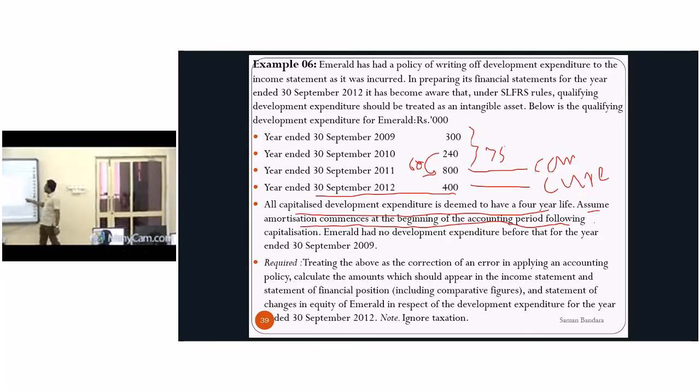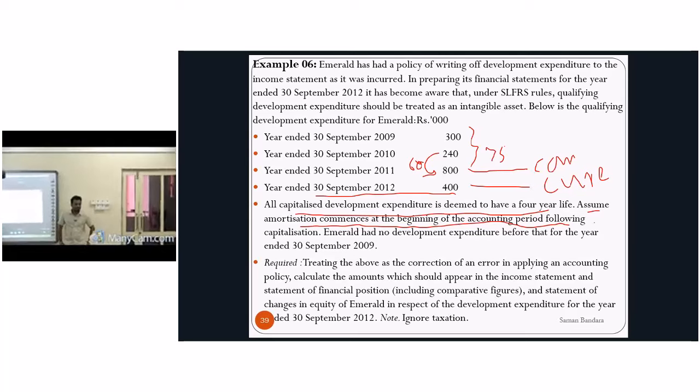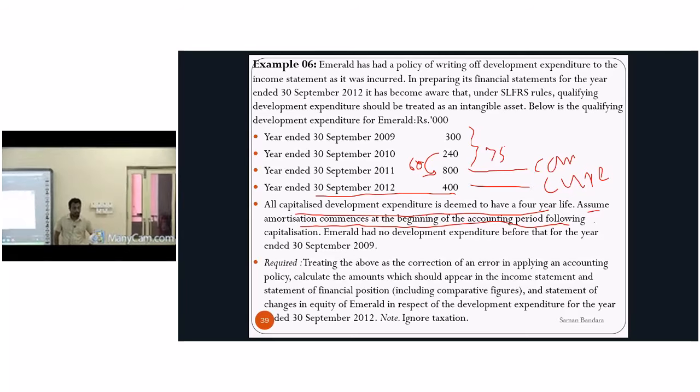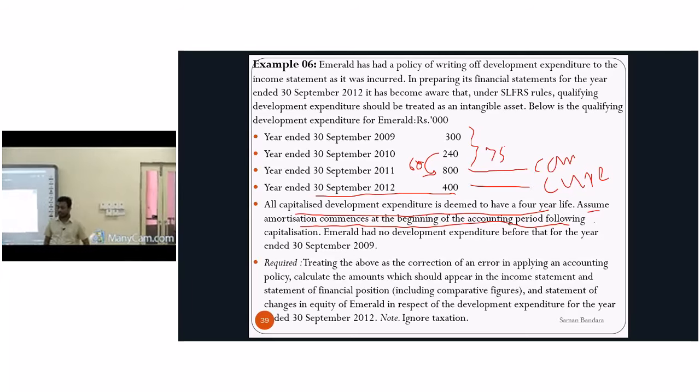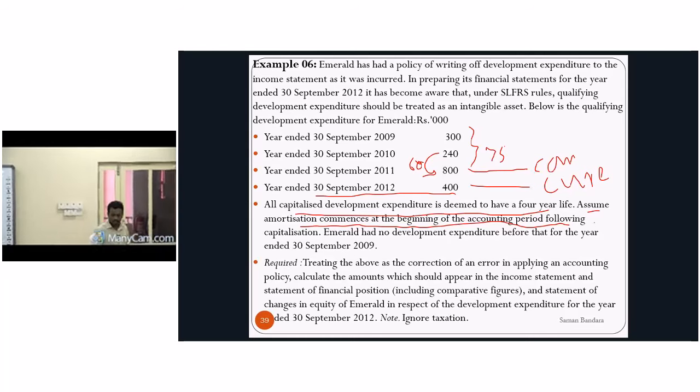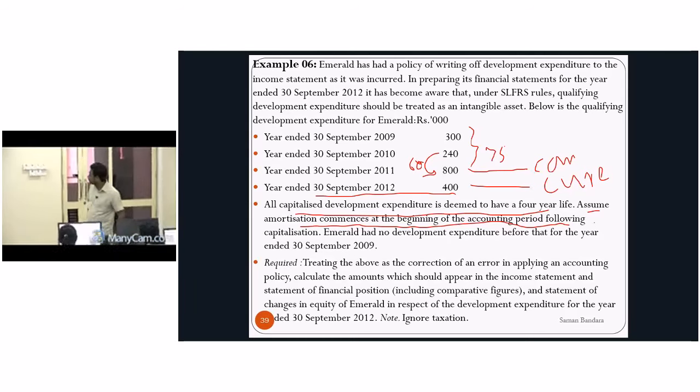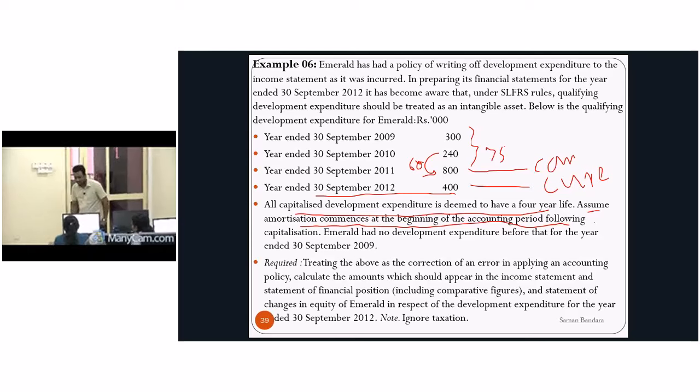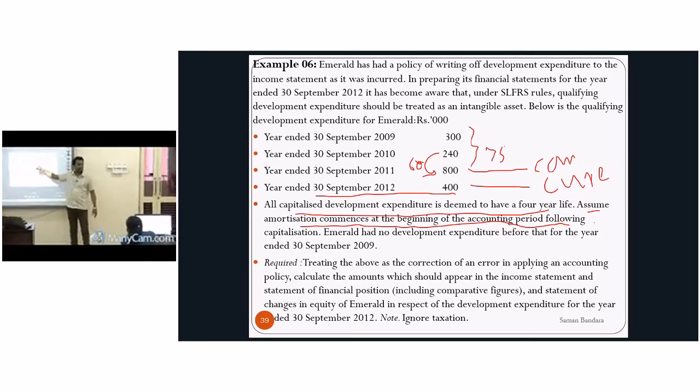Anyway, first point you have to clear. What is the total impact as of 30th September 2010? Total impact to profit as a result of this error as at 30th September 2010 is how much? Yes, the difference between these two.